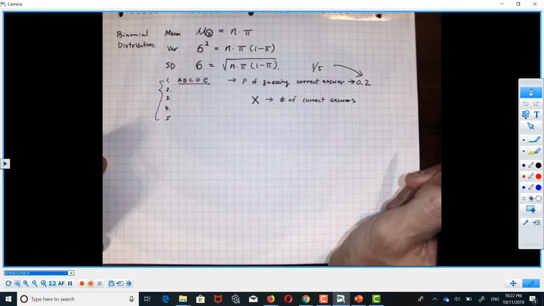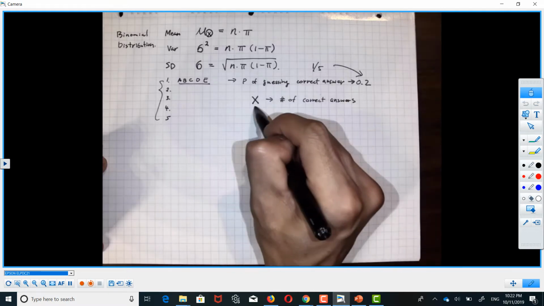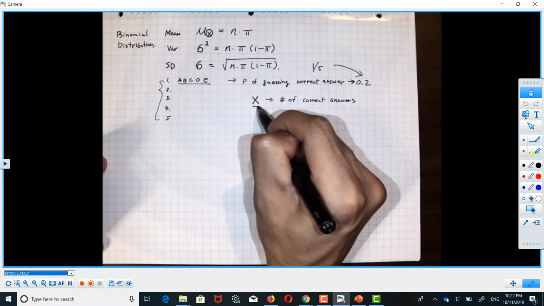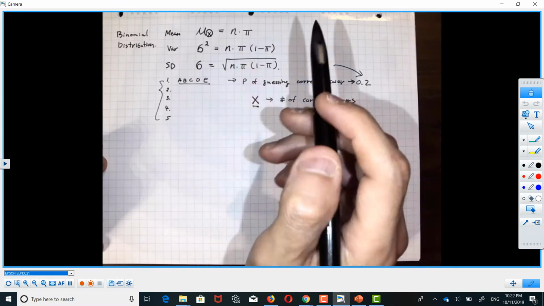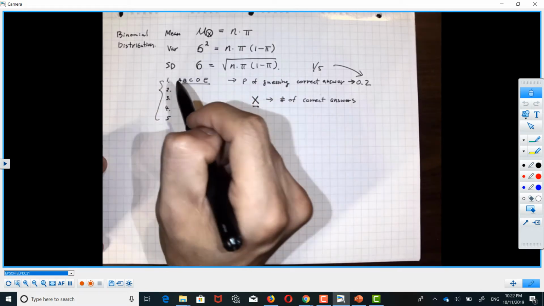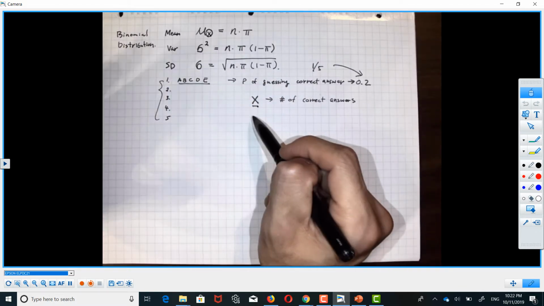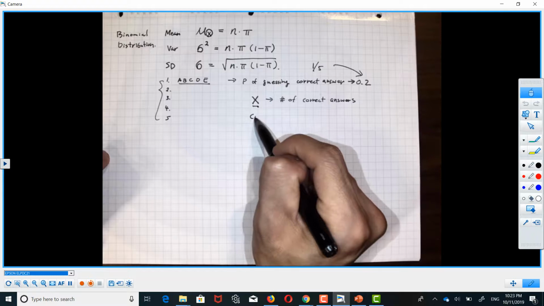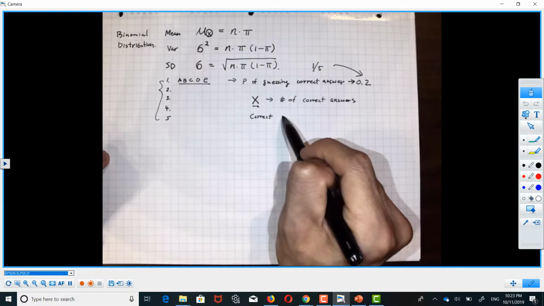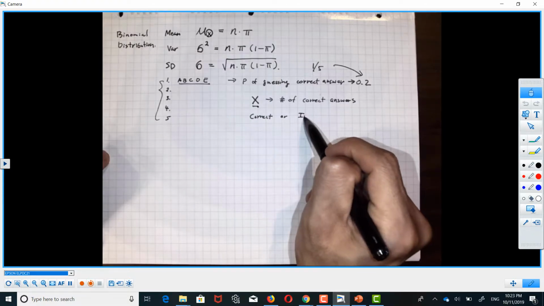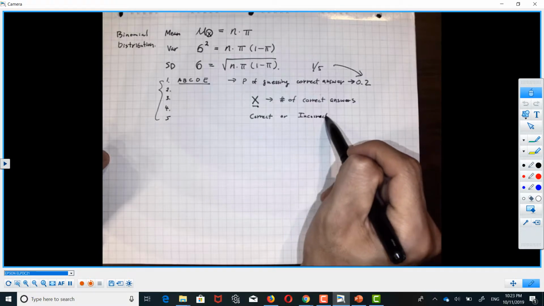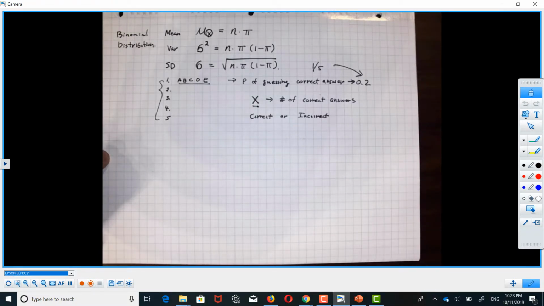You know that this x is a binomial variable because there are only two cases: either correct or incorrect. So in that sense, x is a binomial variable.